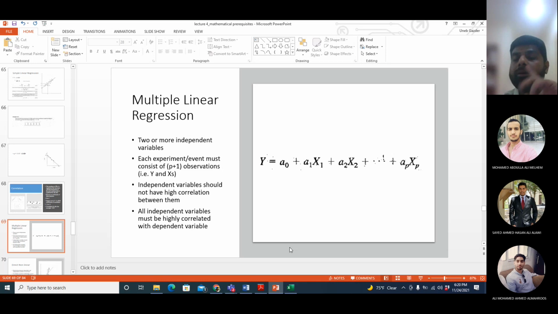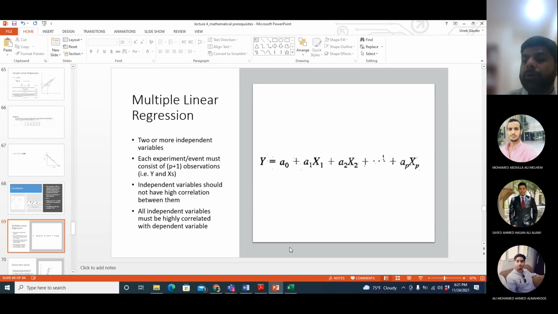So if you have more than one input in an equation, we call it multiple linear regression. If you have only one input, then we call it simple linear regression. Simple means one input, multiple means multiple inputs. So two or more independent variables. All x are what? Independent variables, explanatory variables. For developing the multiple linear regression, you should have more than one independent variable, and in each experiment you will observe y and all the x values.